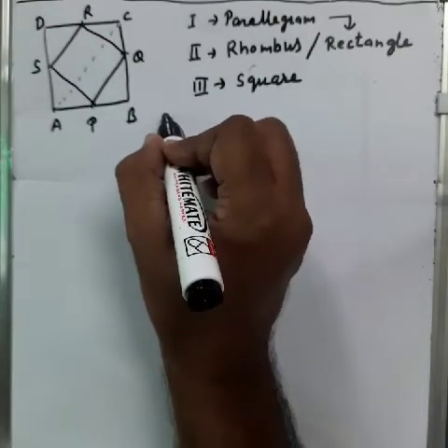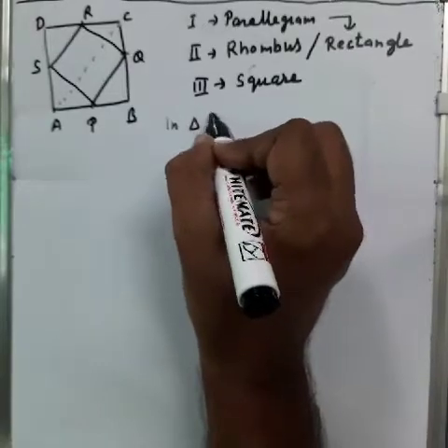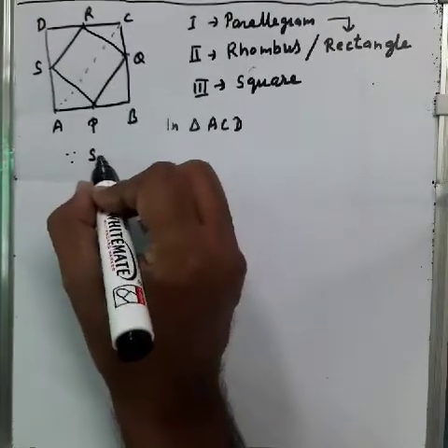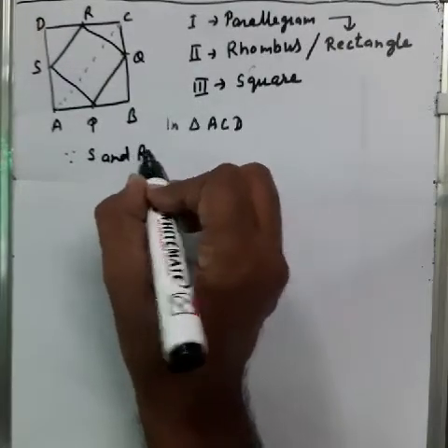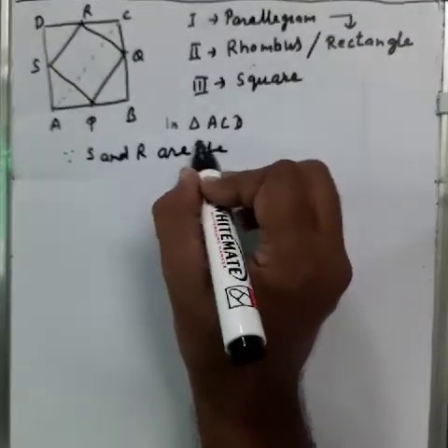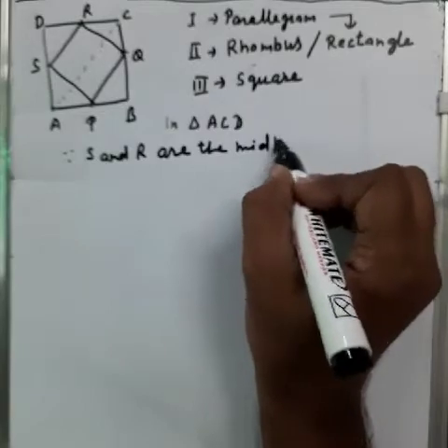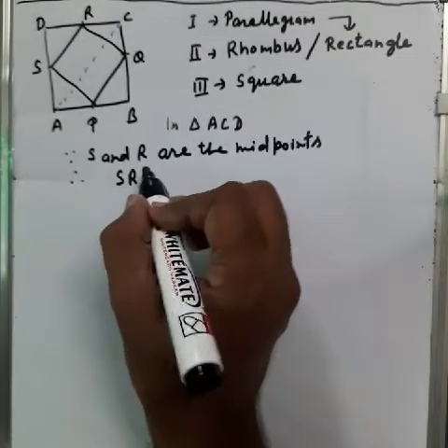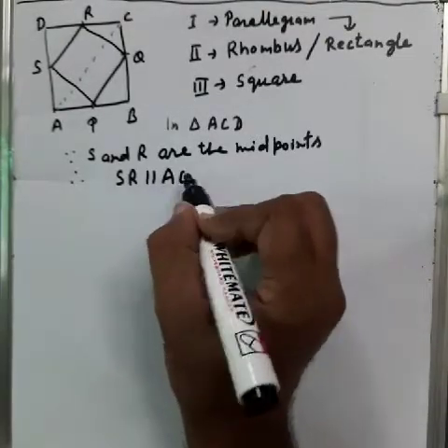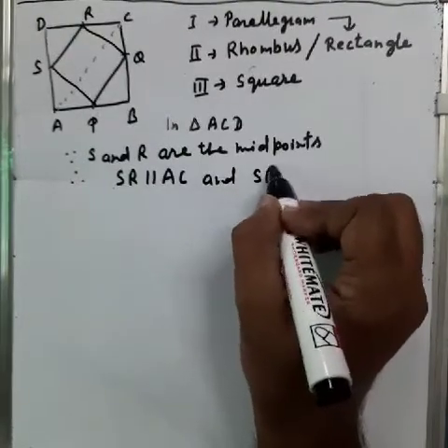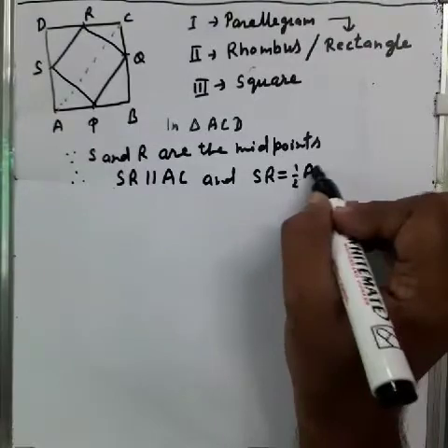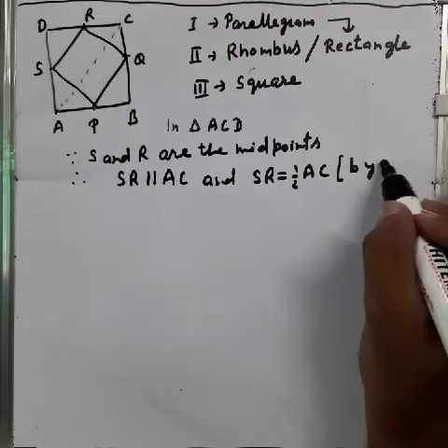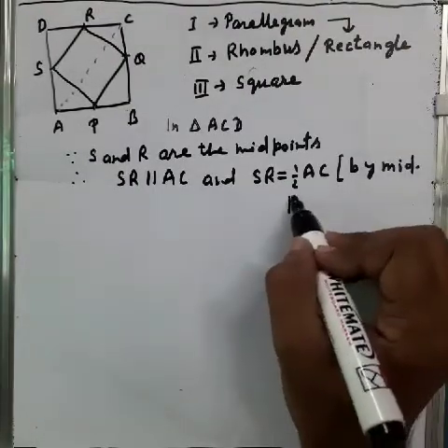In triangle ACD, you will write since S and R are the midpoints, hence SR parallel to AC and SR equals half of AC. By which theorem? By midpoint theorem.